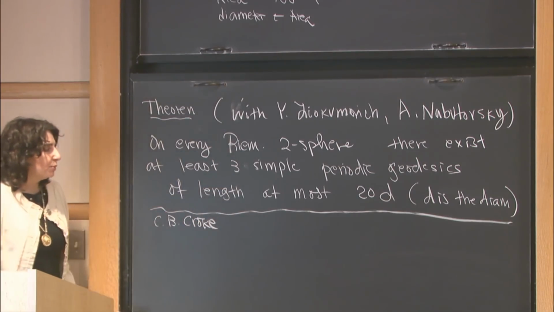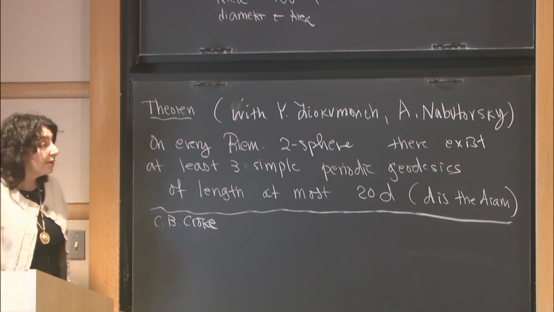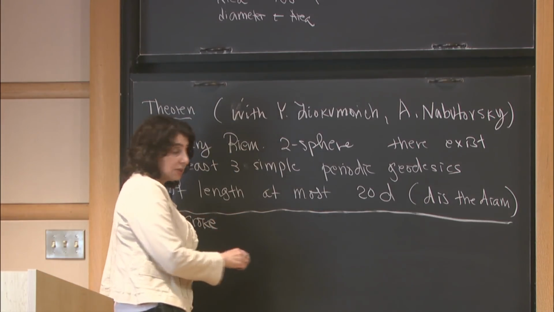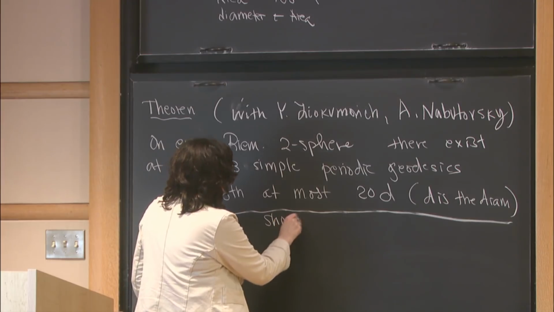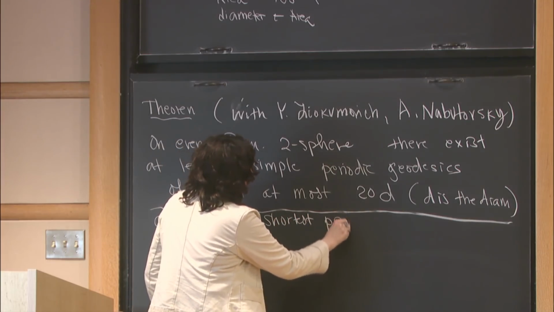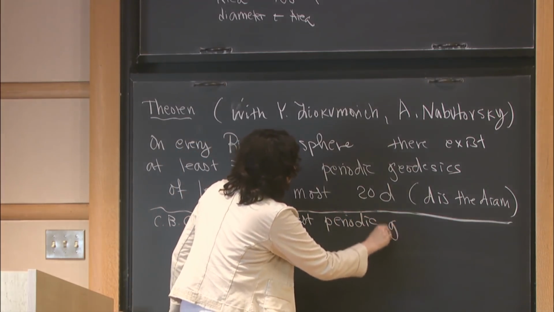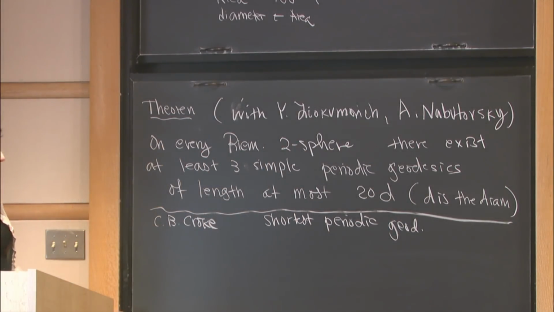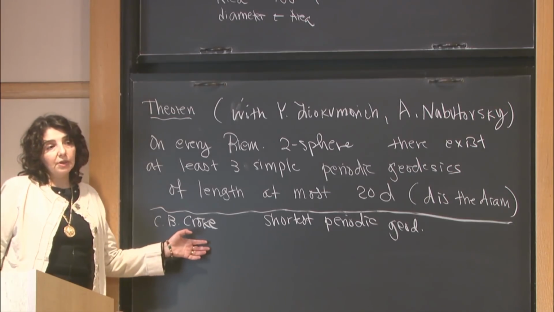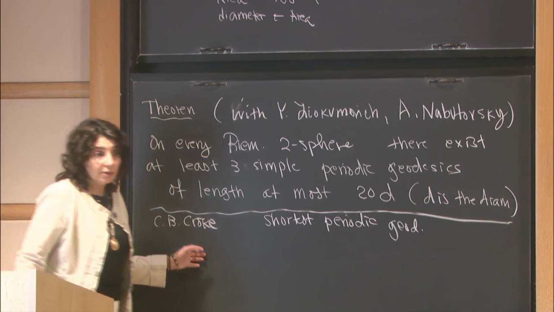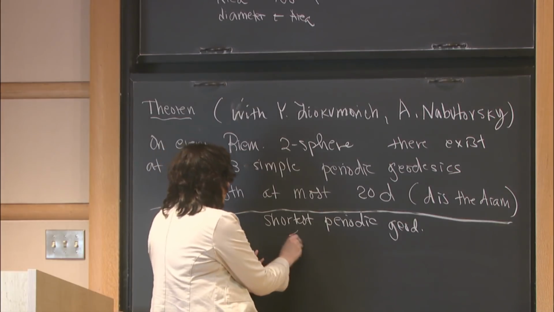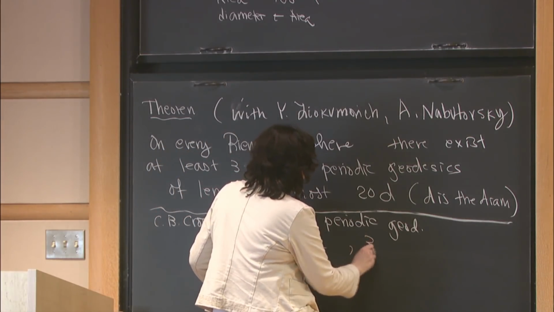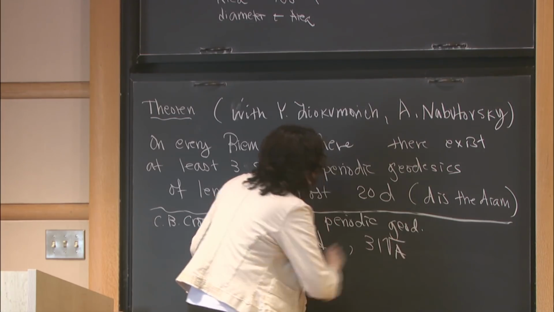So of course, if you want to bound 3, one should begin with 1, and Croke gave the first upper bounds for the shortest periodic geodesic. So he did not care about how good his bounds were, and he did not care about whether the geodesic is simple or not. He just gave the first upper bounds, and they were 9 times d, and 31 times the square root of area.